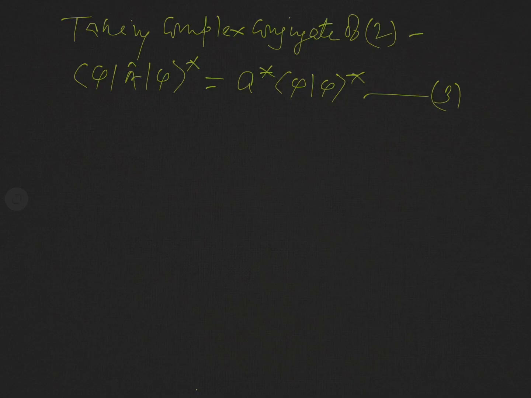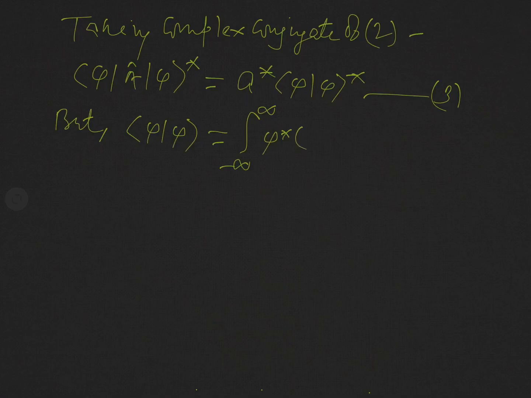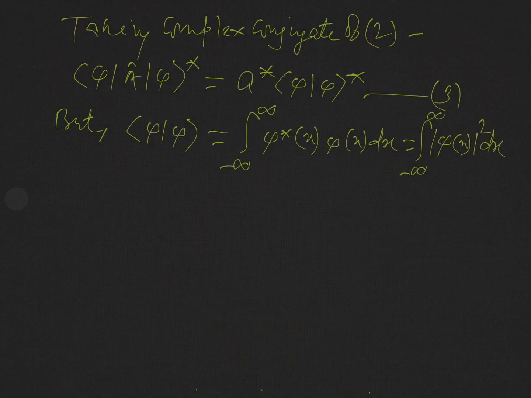But we have already studied in linear vector space that this product of phi with phi, in integral form, will be integral minus infinity to plus infinity phi star of x phi of x dx, and this is simply integral minus infinity to plus infinity phi of x mod square dx.